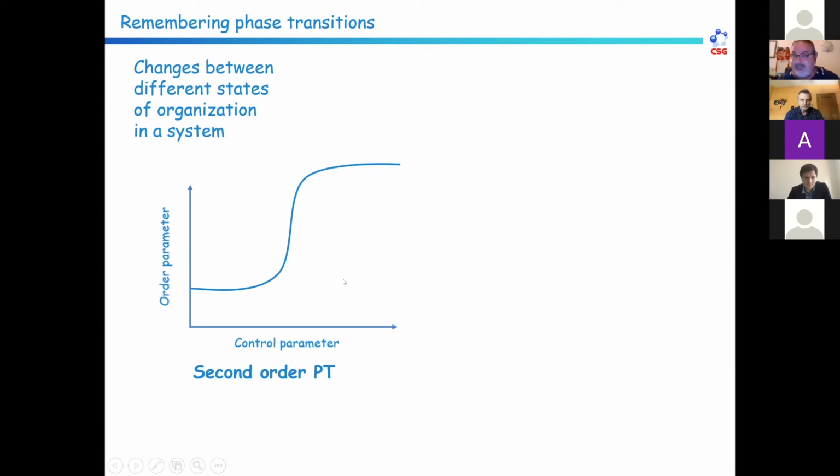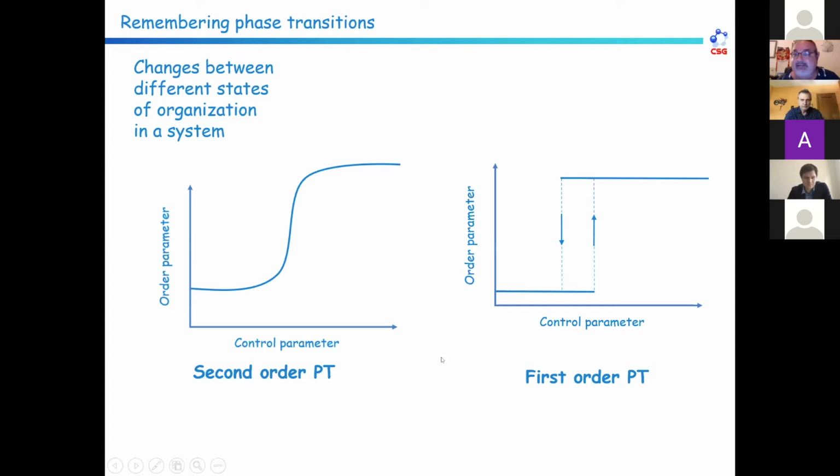That's one possibility. The other possibility instead is to have a discontinuous transition. That is, your system stays in state 1 for a given while, up to when it jumps in a discontinuous way to state 2. And moreover, this is sometimes, not always, typically associated with non-reversibility.